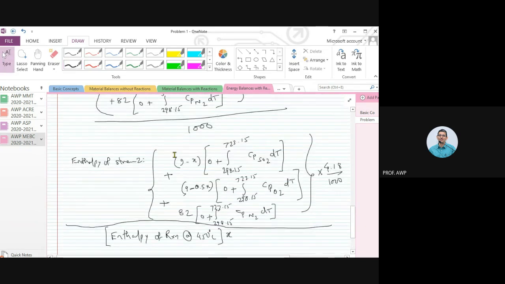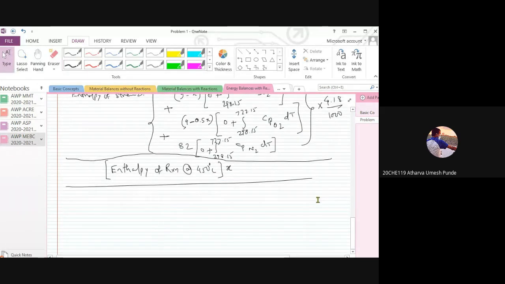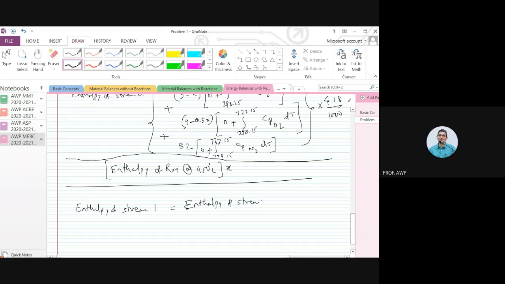Okay, Atharva, now enthalpy of stream 1 equal to stream 2. It is an adiabatic process, so enthalpy of stream 1 is equal to enthalpy of stream 2, and then solve for X. So what X do you get now?